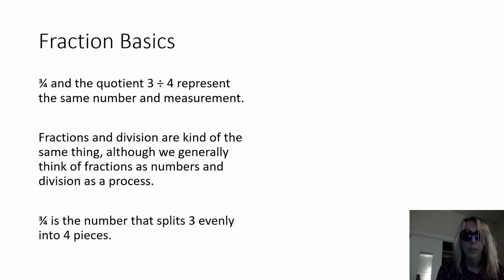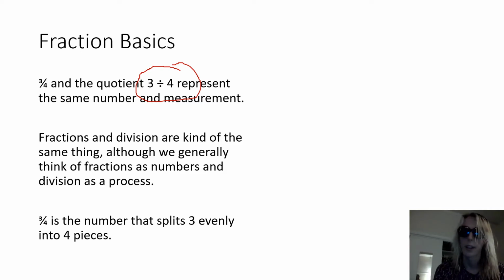And so fractions and division have a lot to do with each other. Like 3/4 and the quotient 3 divided by 4, they kind of mean the same thing. It's just that we think of 3/4 as the number or the measurement, how much flour everybody gets when you split 3 cups of flour among 4 people.